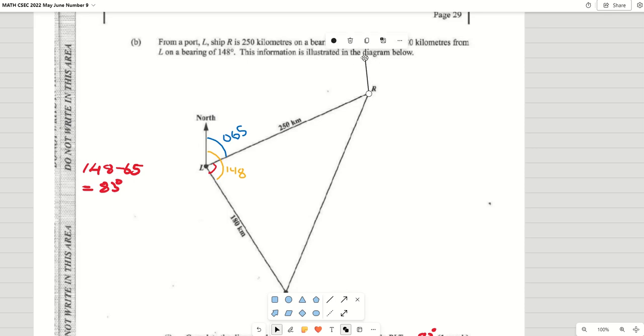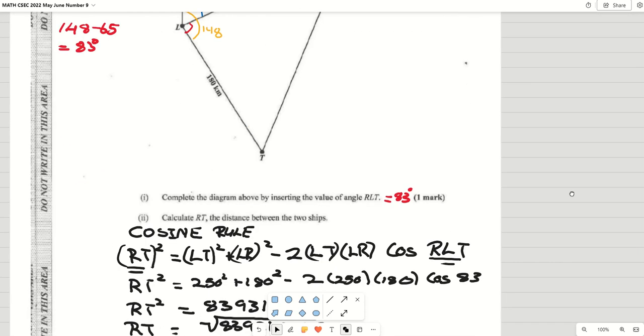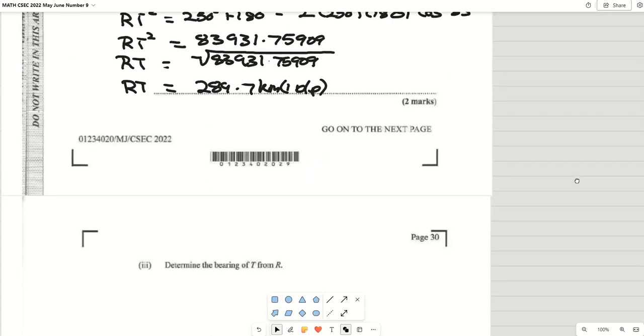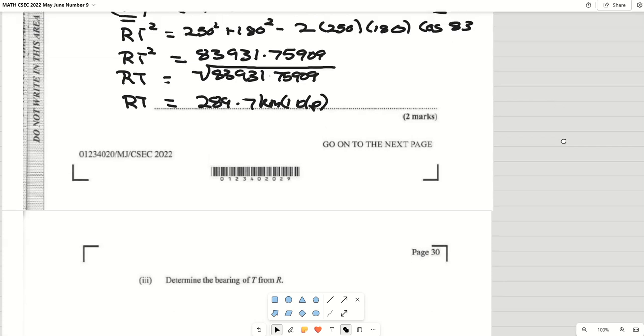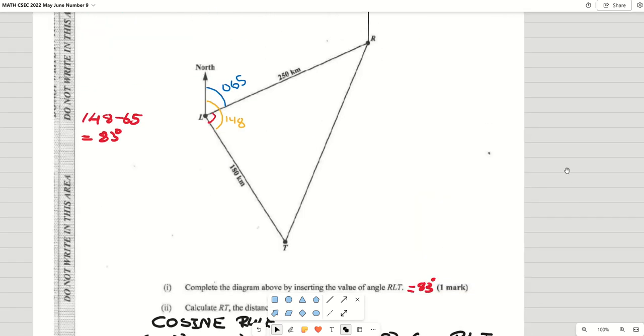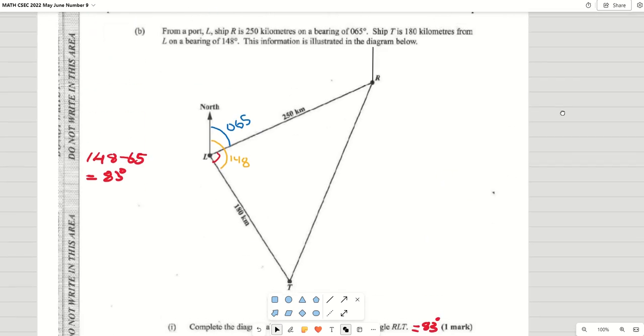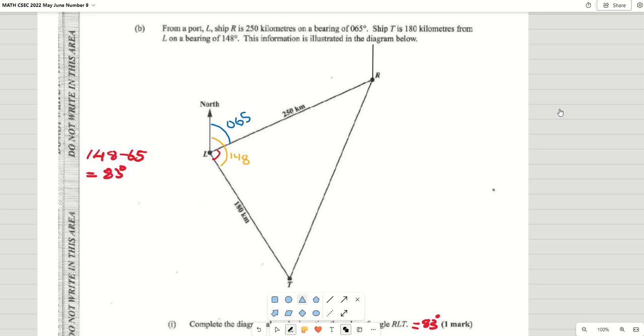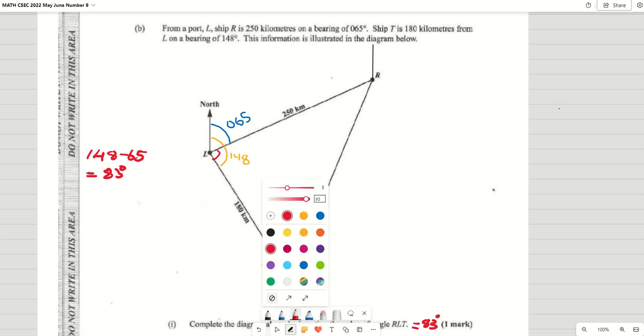Alright, let me just fix this. So we're starting from R. They want the bearing of T from R, so we're going from R to T. Let's put this in a different color, I'll put it green.